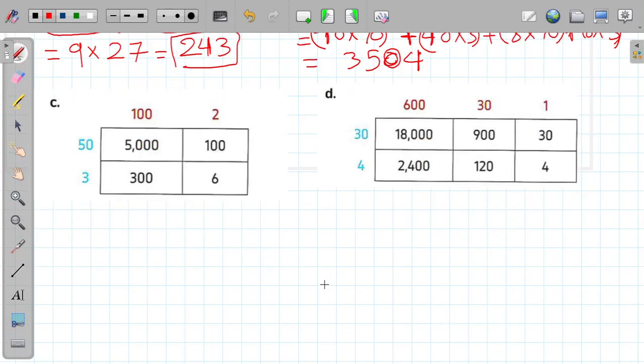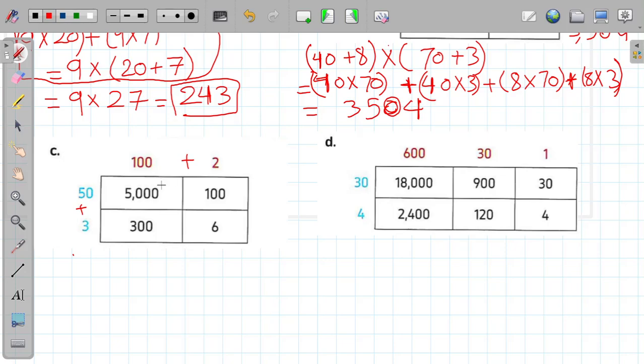Okay, let's do another one. I have 100 plus 2 and 50 plus 3.